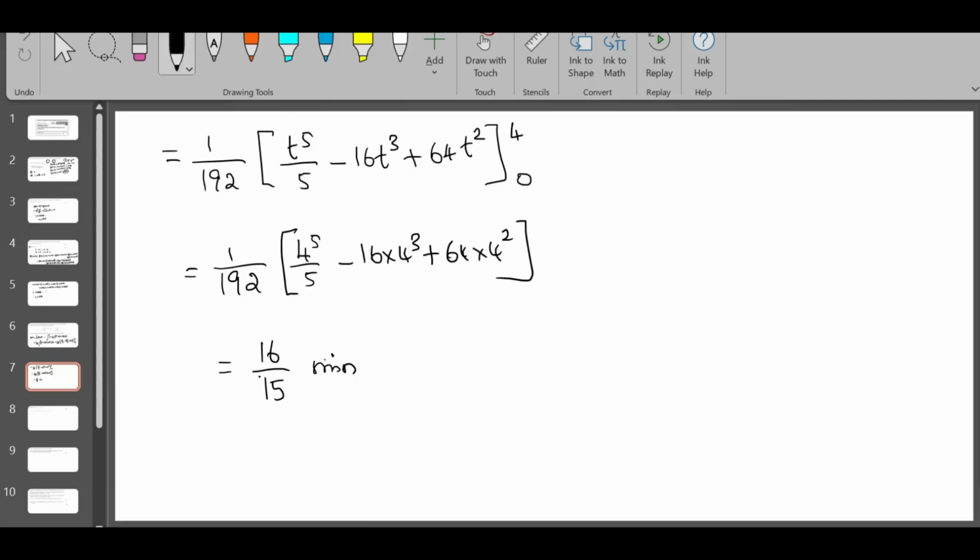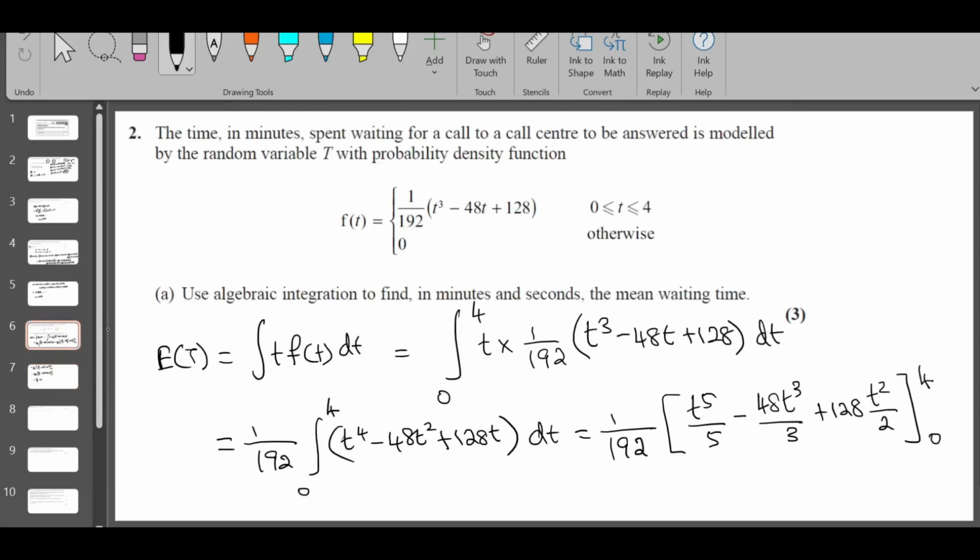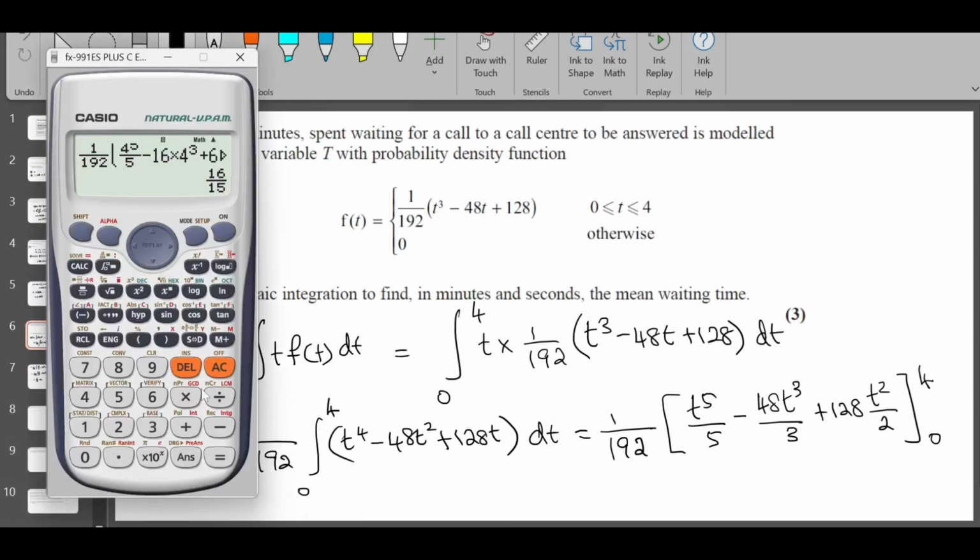But the question clearly says they want the answer in minutes and seconds, so you need to change it to decimal: 1.0666. That means 1 minute and 0.666 of a minute, which you need to change to seconds. I subtract 1 and multiply by 60, which gives 4 seconds.